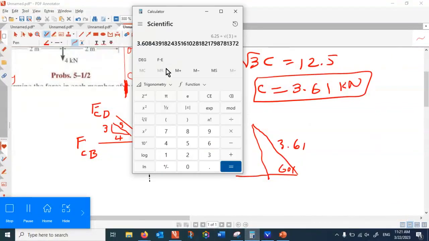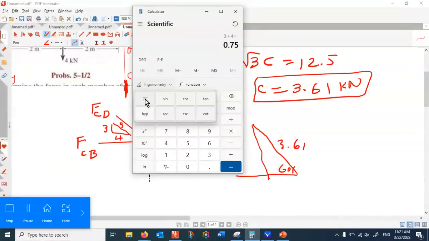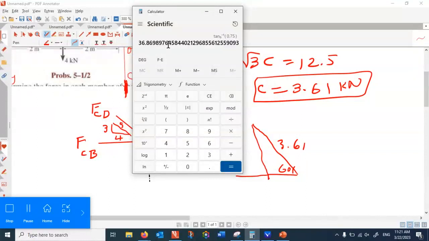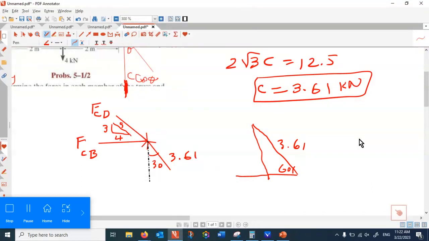Tan inverse of 3 divided by 4 is 36.86. Let me take this away from 180, that is 143. So this angle is 143.